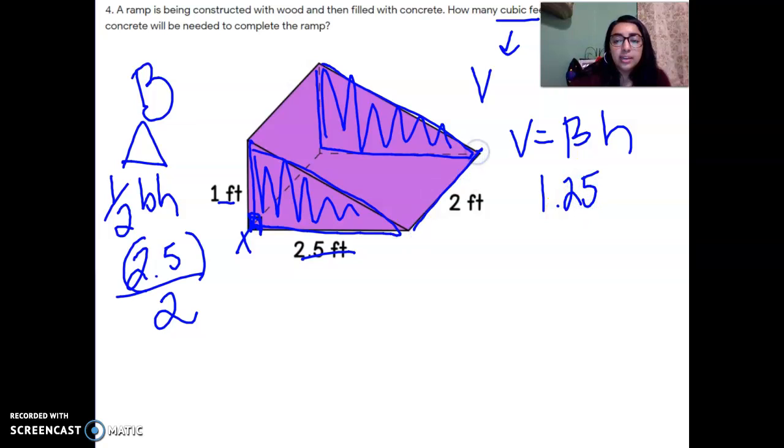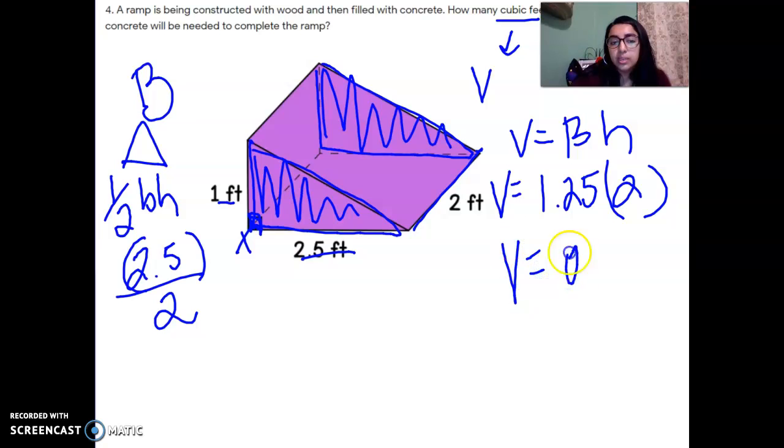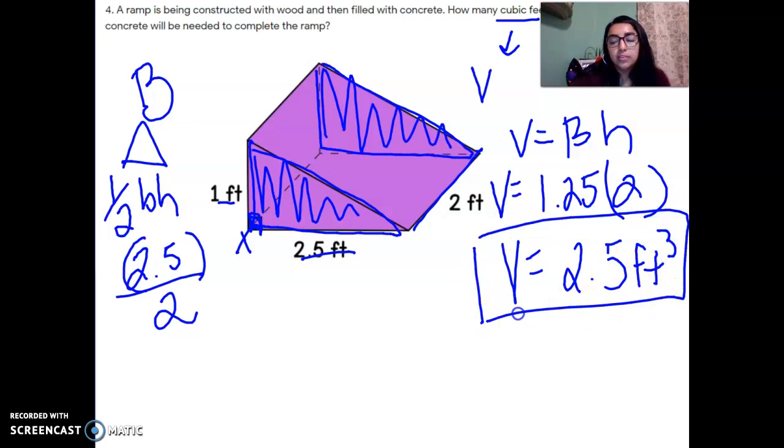And then your height here is 2. So 1 and 25/100ths multiplied by 2 would give you 2.5 cubic feet for that one.